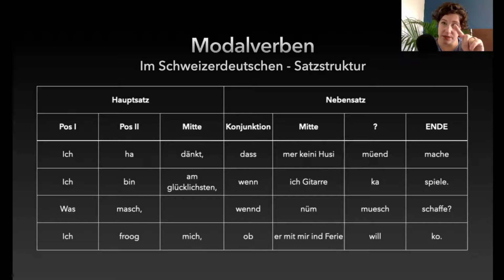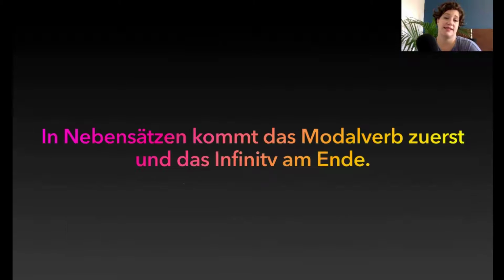As you can see, at the very end are still the infinitives. And second to last is the modal verb. It does not go behind the infinitive, how it would in High German. And that's that. In Nebensätzen kommt das Modalverb zuerst und dann das Infinitiv am Ende. In a subclause, the modal verb comes first and the infinitive at the very end.